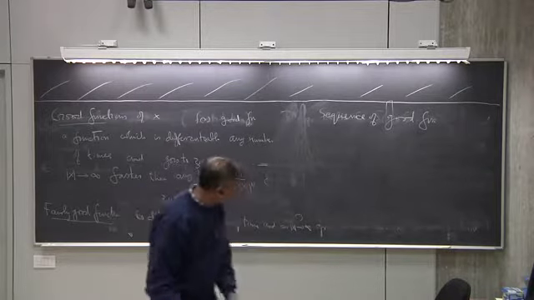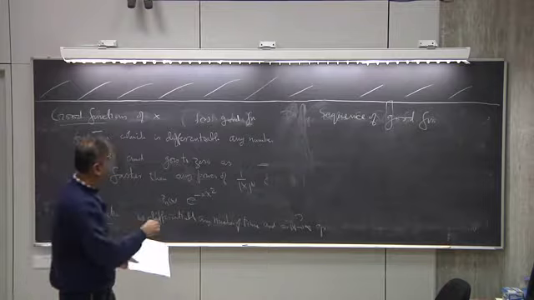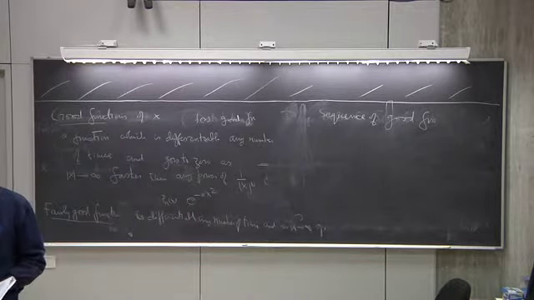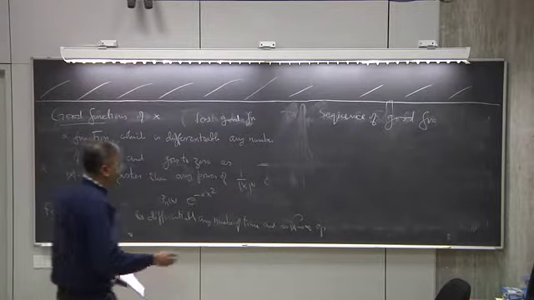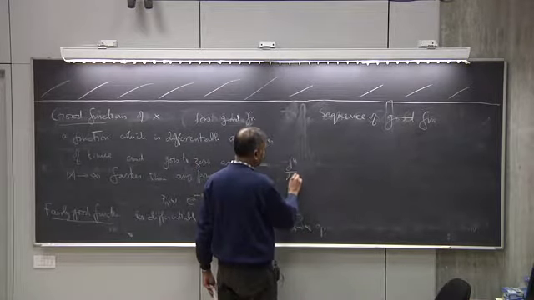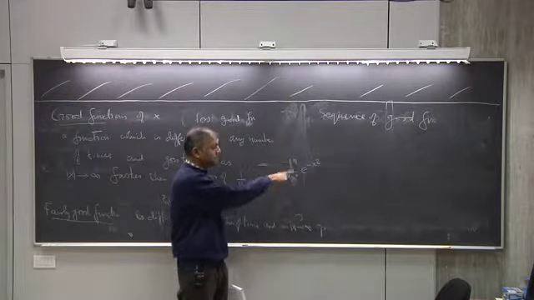Just one thing, you know the example that we gave about this Gaussian, that is differentiable an infinite number of times, any number of times. In fact, from that you can always write the differentiation, say, take dn by dxn of e to the minus x square. You remember this appeared in the Hermite polynomials.